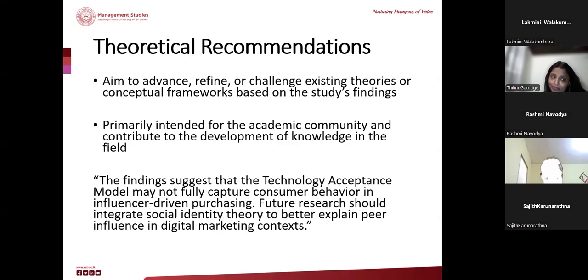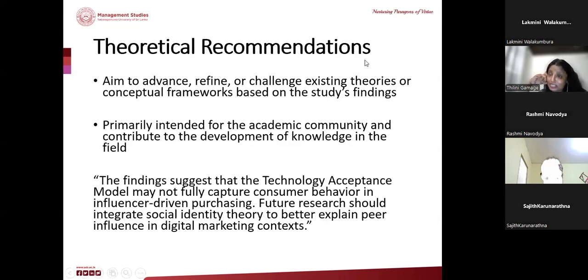So if you look at it, as I told you, theoretical recommendations allow researchers to understand how their findings will advance existing theories. Often these theoretical recommendations suggest to researchers how the existing theories can be applied or modified, or sometimes expanded to a new context.